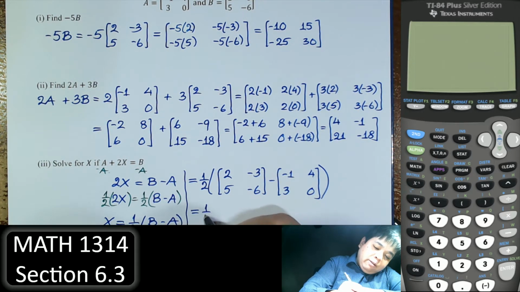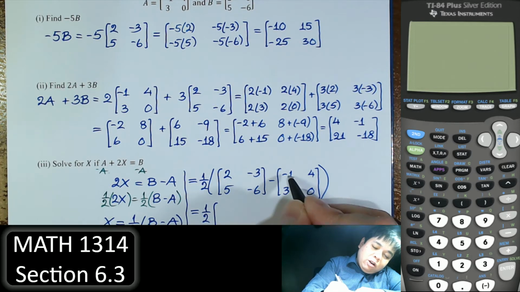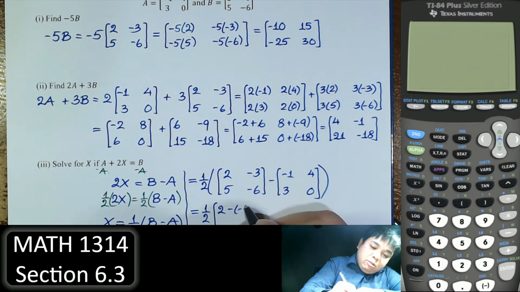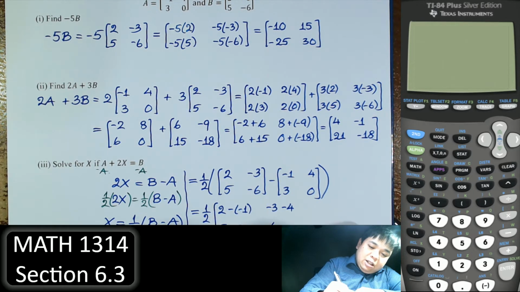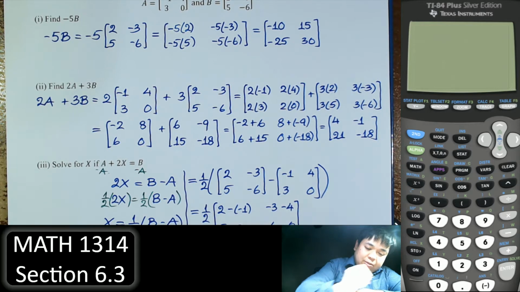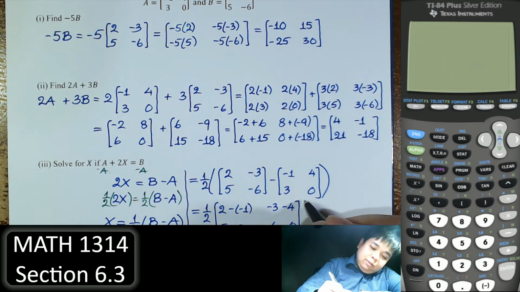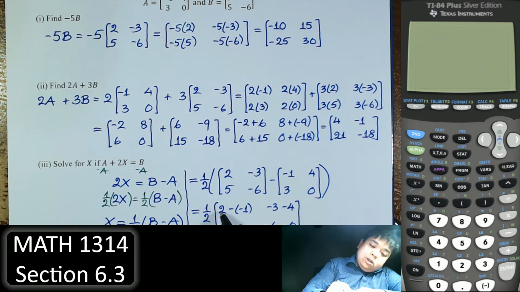So we have 1/2, subtract the corresponding entries. 2 minus -1, -3 minus 4, 5 minus 3, and -6 minus 0. So that gives us 3, -7, 2, and -6.